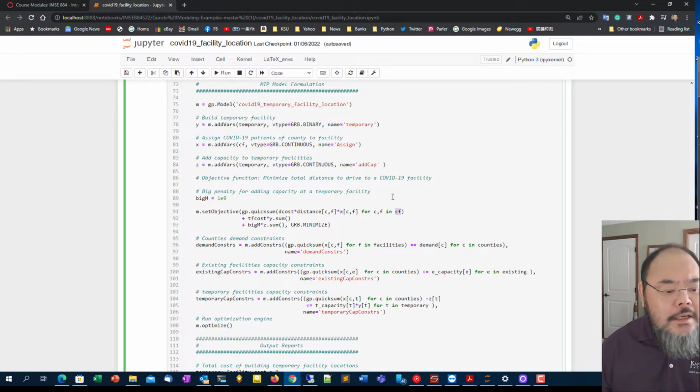The second term of the objective function is the total setup cost, which is $500,000 times the summation of the binary variable y, how many we want to set up. So this problem looks a little bit like a minimum cost assignment problem.